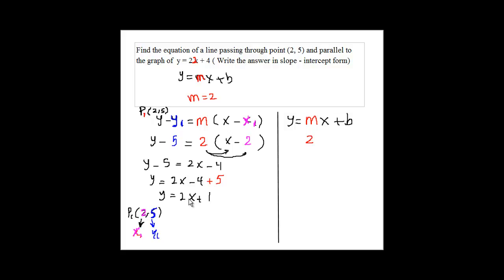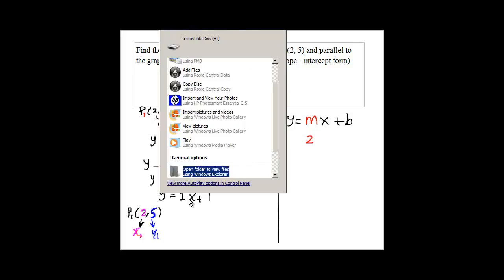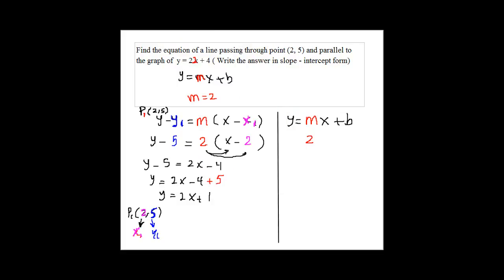Okay, so let's take a look at the solution here. I see Sandra giving me some comments here. Y is equal to 2x minus 4. What do you mean by that, Sandra? No, I was just following along with what you were doing.